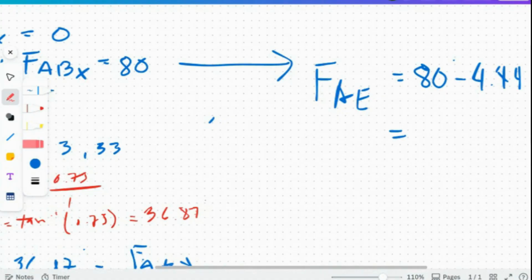So we will get 75.56 kilonewtons. That is our FAE. Sorry. Okay.